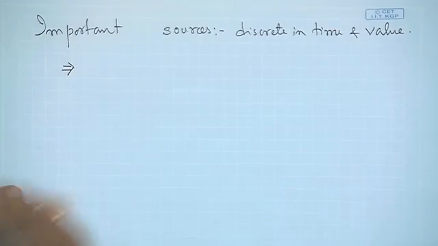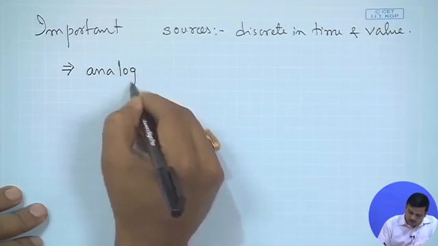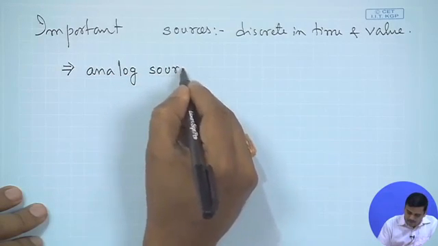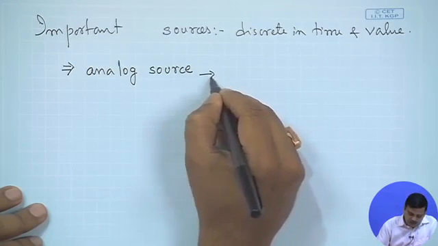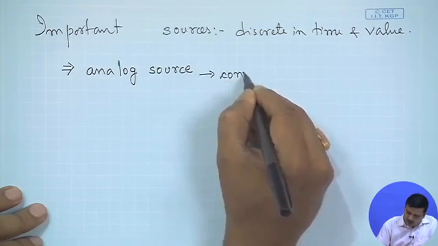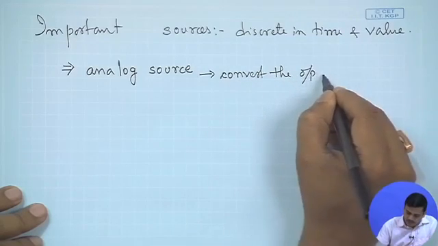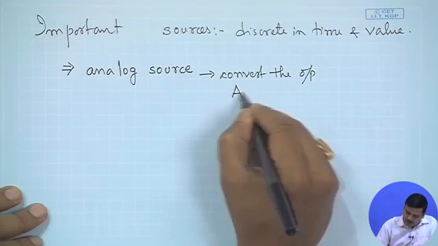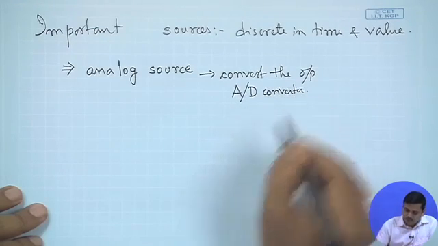So now we are defining that, and this actually means that if there is an analog source, this must be converted. So you have to convert the output using an analog to digital converter. Okay.